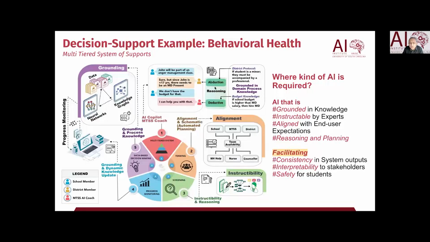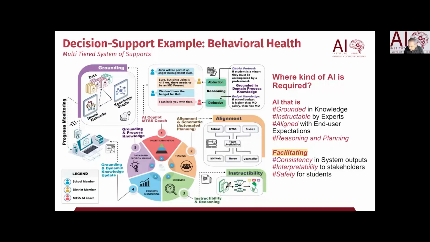I show reasoning and planning needs on the top right of the figure. It should be consistent, the results should be interpretable, and it should of course support the safety of all involved. So we break down the system into a number of small modules dealing with all of these different things, and you can see various components and such.